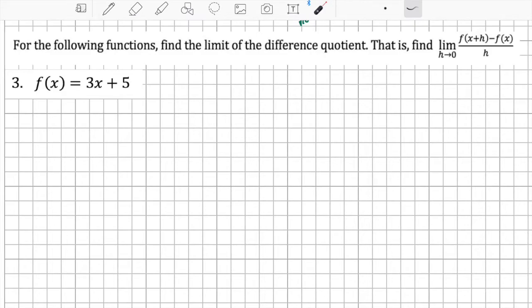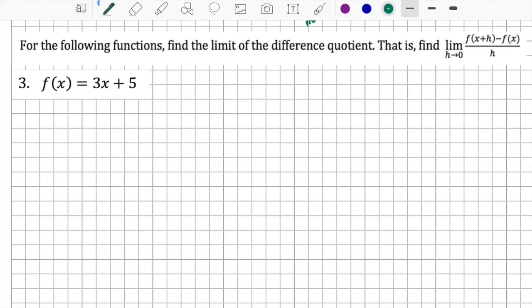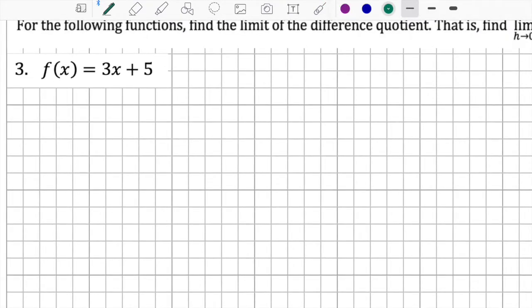What I want you to notice on the difference quotient is that we have f of x plus h, and we have minus f of x. So again, f of x plus h. So to make things easy, I want you to, here on the side, write what is f of x plus h.